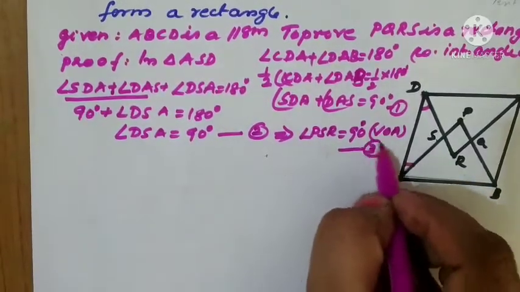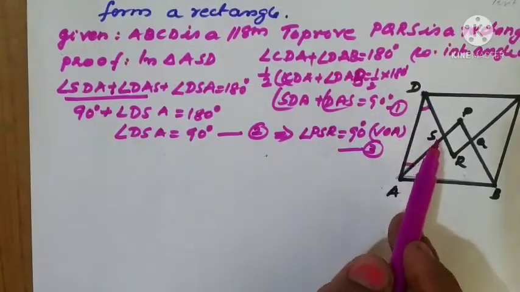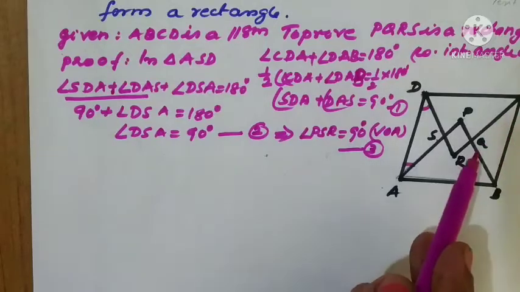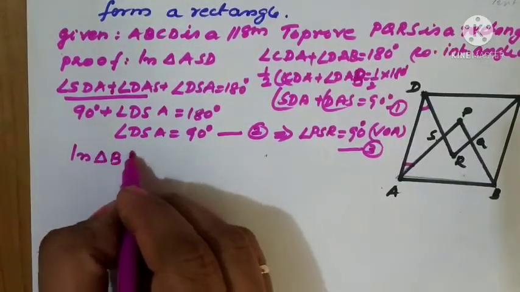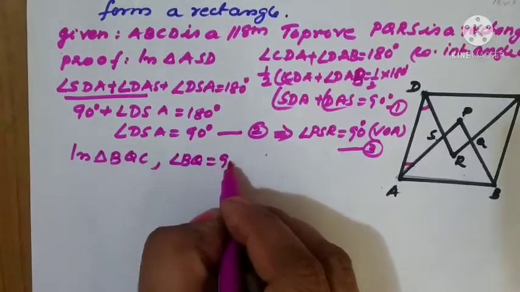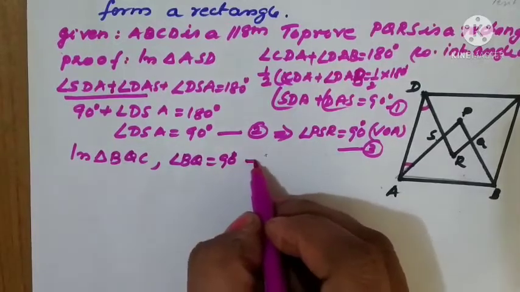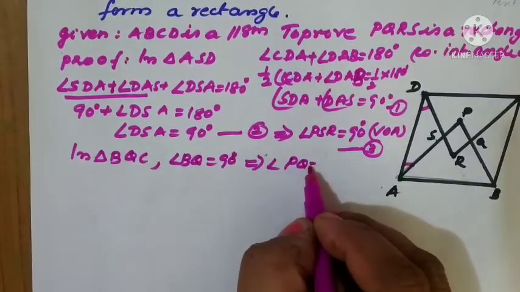Equation number 3. Similarly, whatever procedure we have completed for triangle DSA, the same procedure we can use for BQC. So in triangle BQC also, what can we write? Angle BQC equal to 90. Therefore, angle PQR equal to 90.